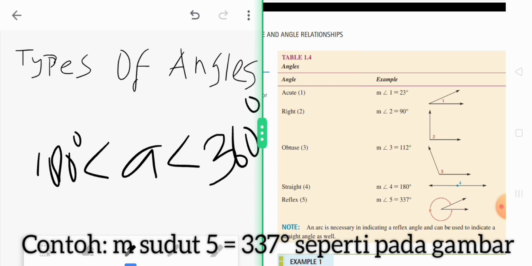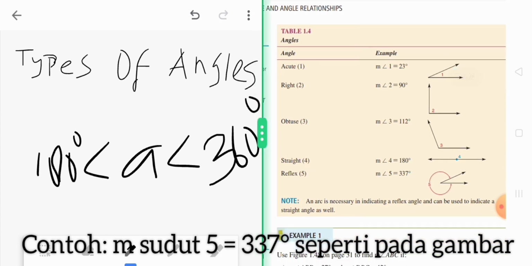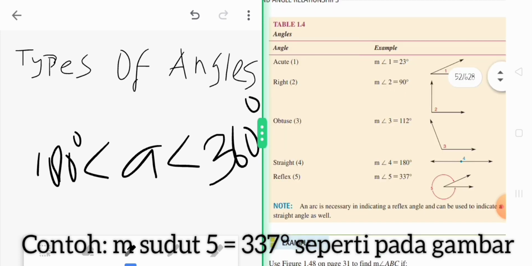Example: m angle 5 is equal to 337 degrees as in this picture.